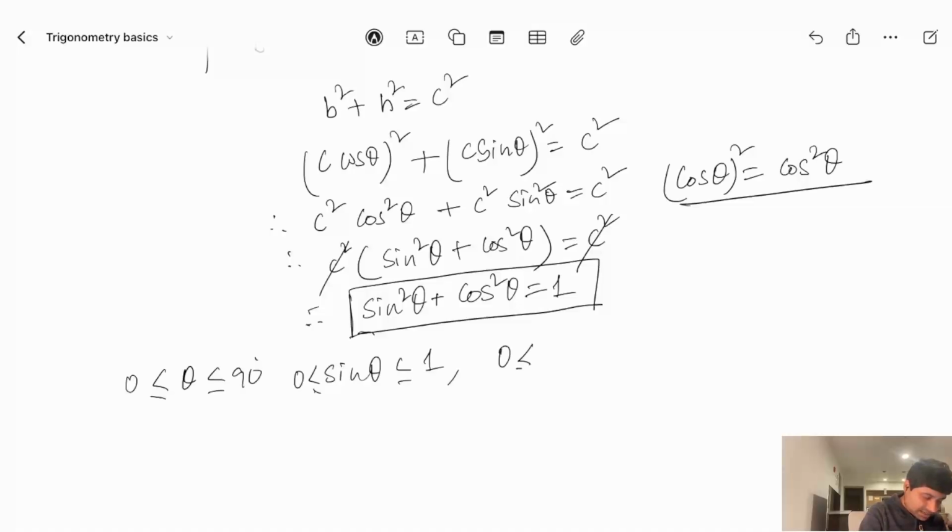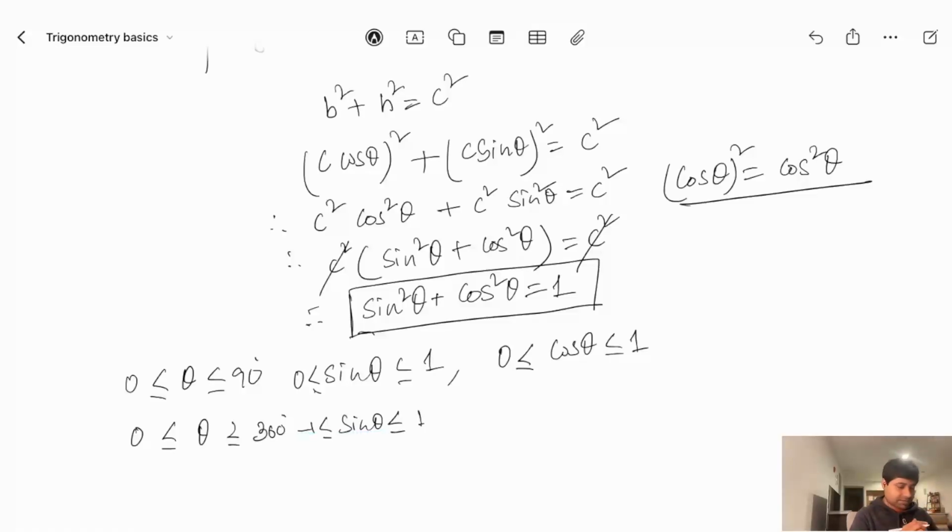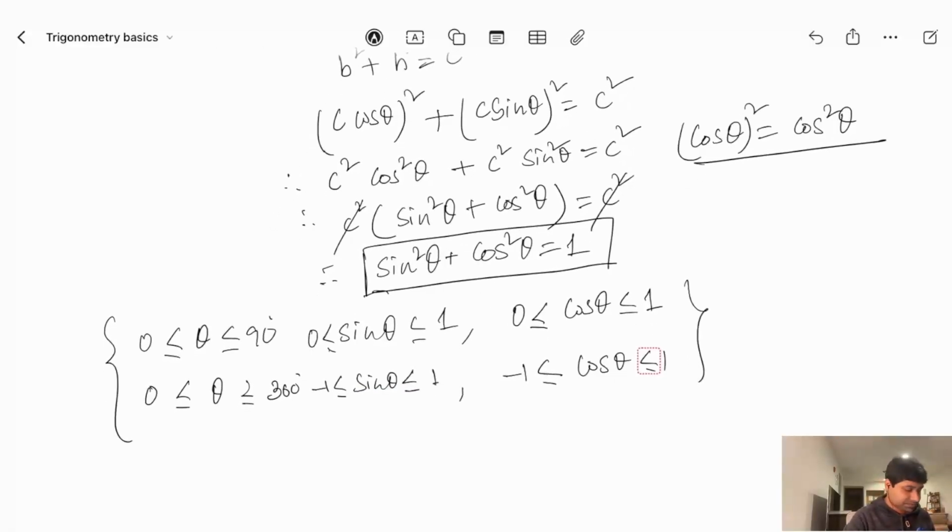But when you talk about all the ranges, let's say between 0 to 360 degrees, then sine and cos will always be between +1 and -1. We'll discuss more about them in just a second.